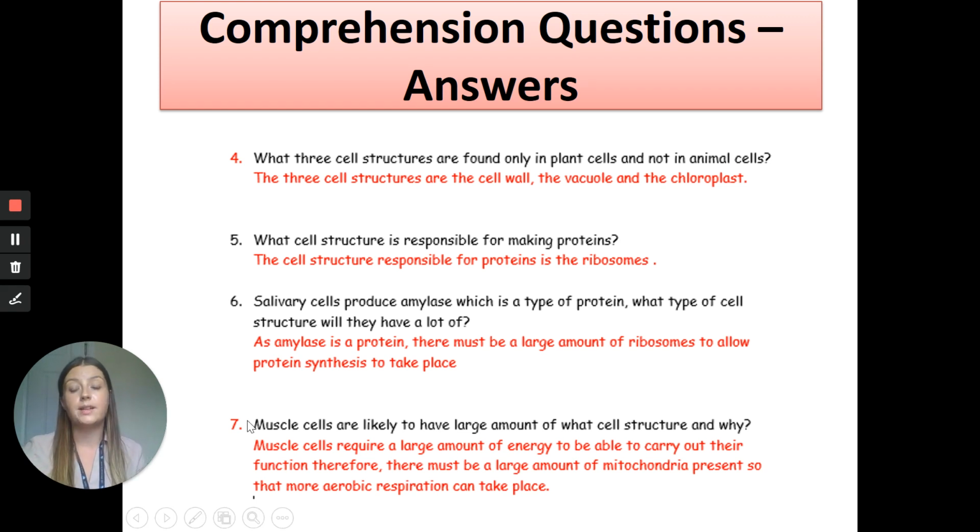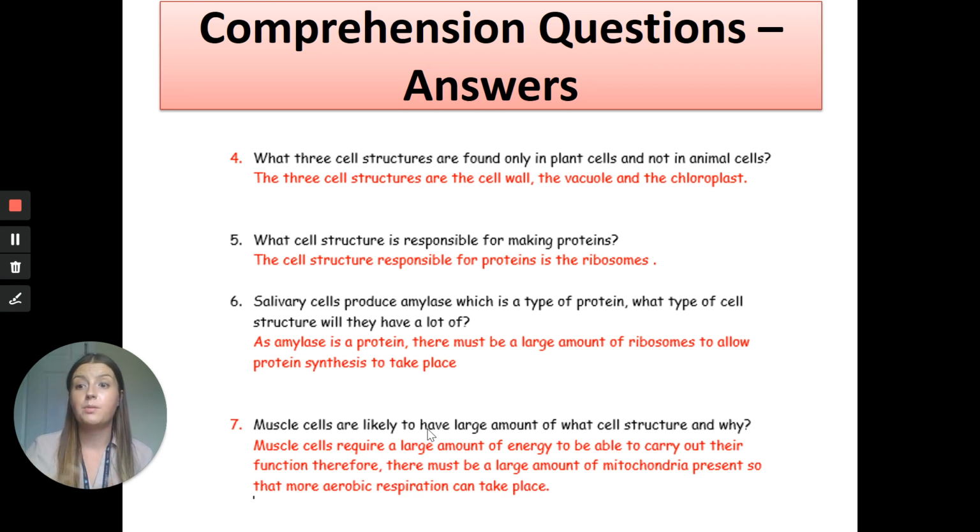The last one is the hardest of them all, in my opinion, because it's not giving us that bit of extra information, it's requiring you to think. Muscle cells are likely to have a large amount of what cell structure and why. We think about muscles, we know that they require a lot of energy for the actions that they're doing.